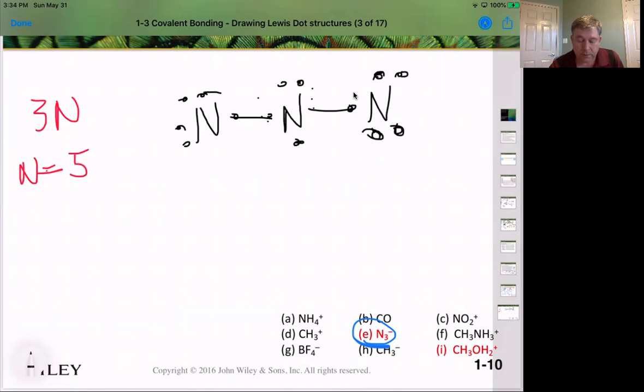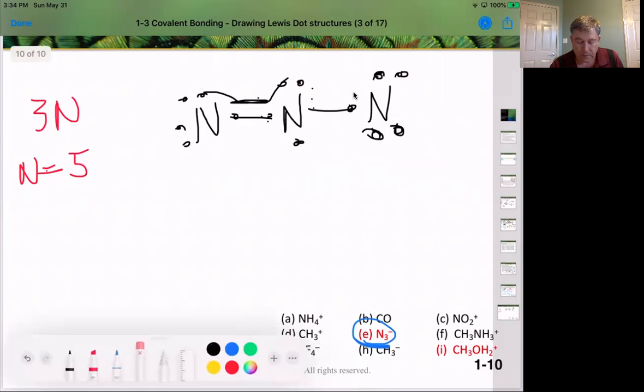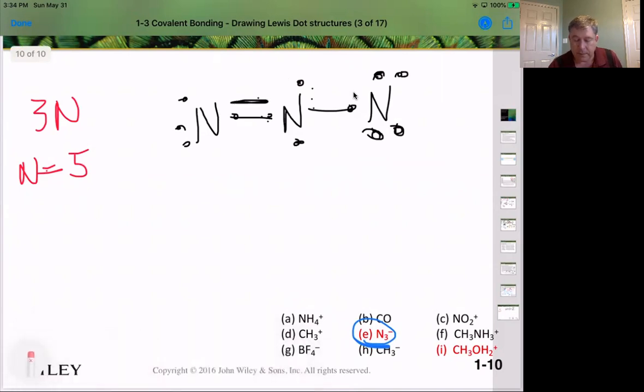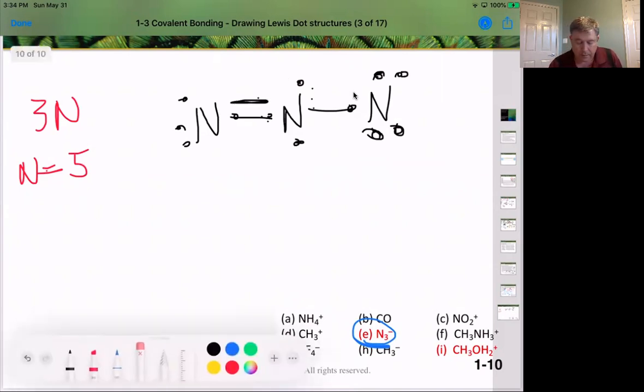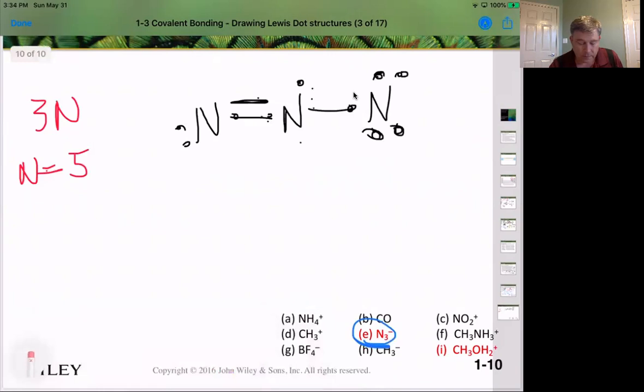So we're going to move this electron in and this electron in to give us a new double bond here. And so that takes that electron away and that electron away. Okay, so we have 1, 2, 3, 4, 5, 6, 7 electrons around this nitrogen. Ooh, that's not very good. So let's share this electron with this electron here and give us another double bond there.